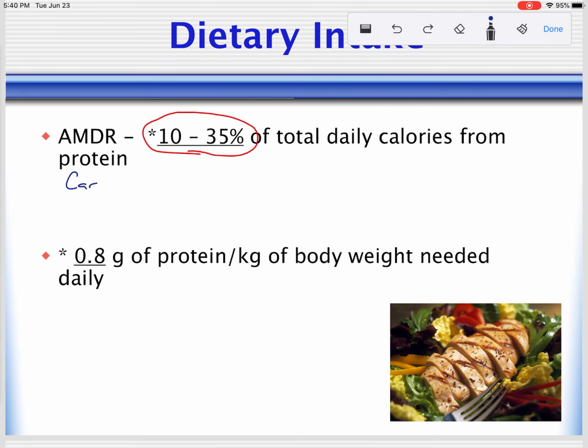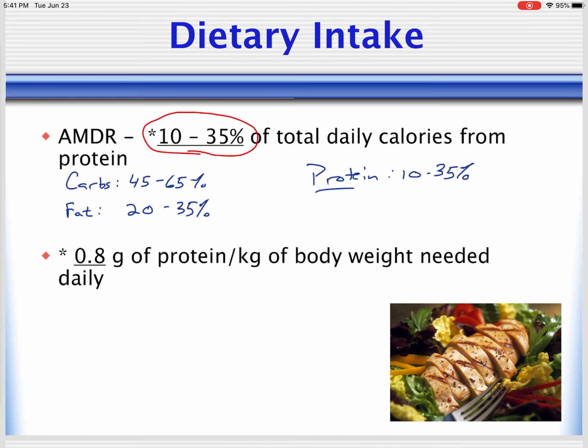We know that for carbs, somewhere between 45 and 65% of all of our calories each day should come from carbs. We know that dietary fat, somewhere between 20 and 35% of our daily calories should come from fat. And now we're adding protein, somewhere between 10 and 35%. Boom!